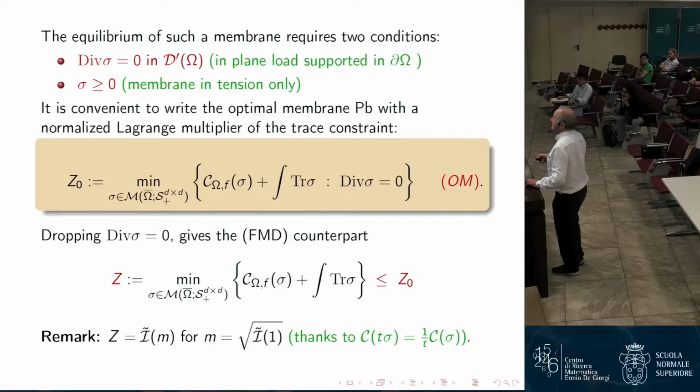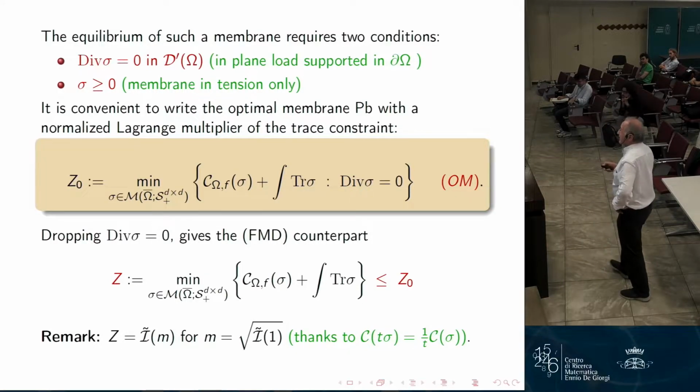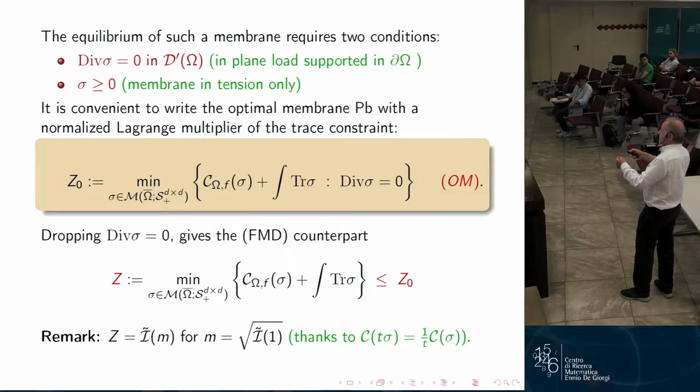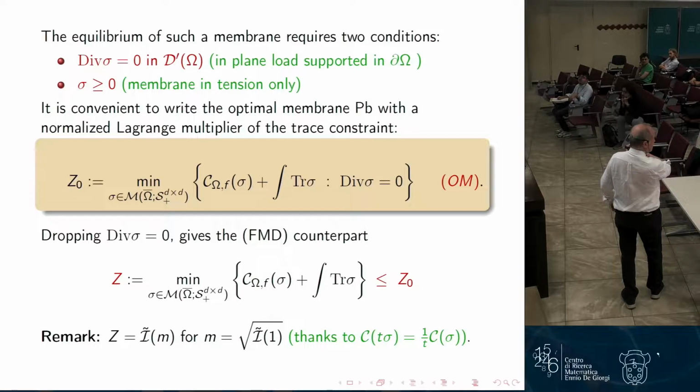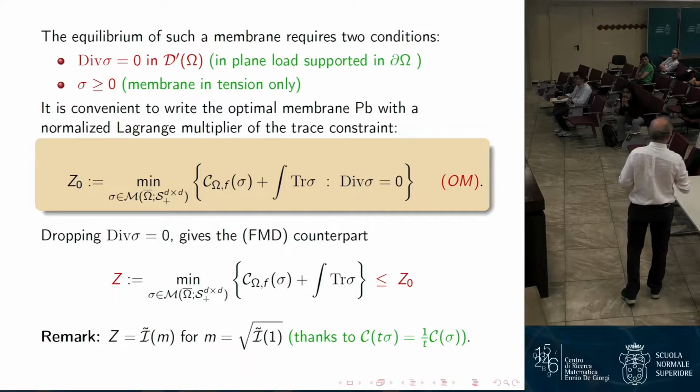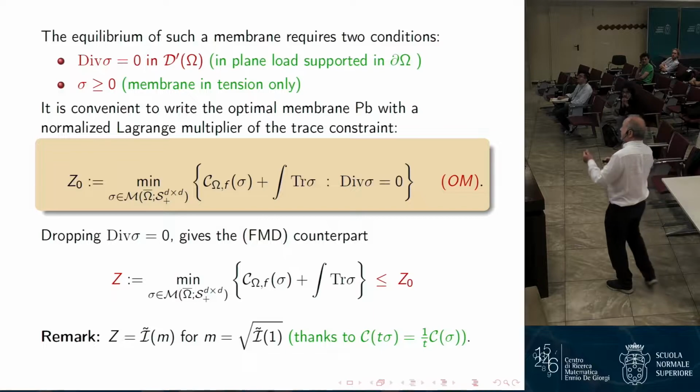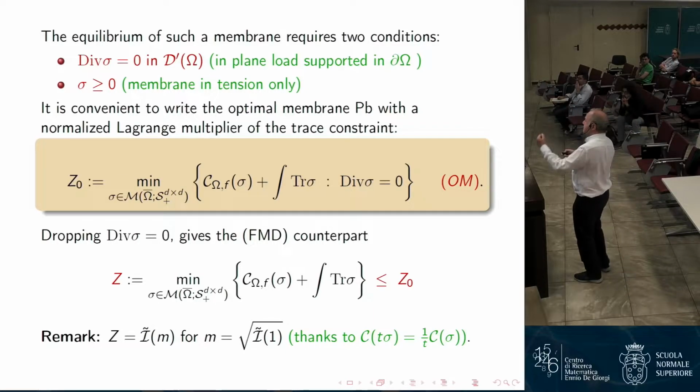Okay, so when you pre-stress a membrane, you stretch it on the boundary, so you have the divergence-free condition. It is the elastic equilibrium of a planar membrane. But I consider the vertical displacement of this membrane subject to a vertical load.